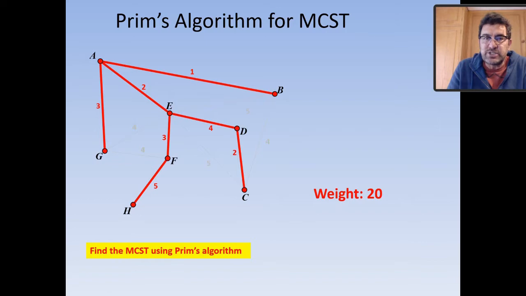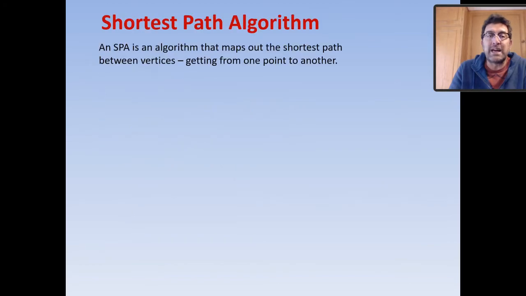So certainly you got the same result as what I did when I did my version of the minimum cost spanning tree using Prim's algorithm.